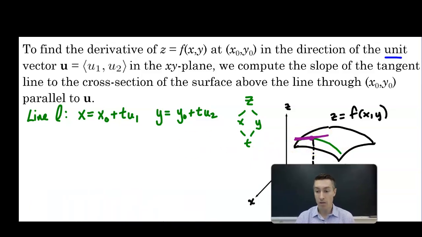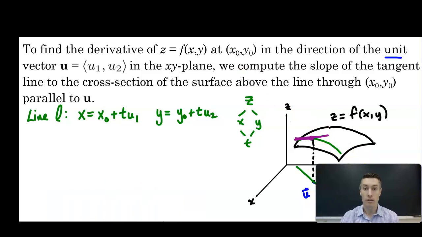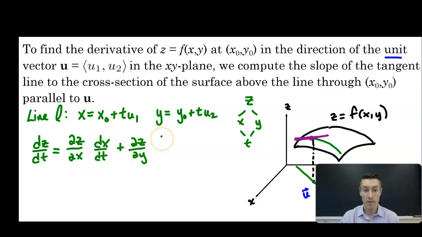So now, let's do a little differentiating. So dz/dt equals the partial of z with respect to x times dx/dt plus the partial of z with respect to y times dy/dt.